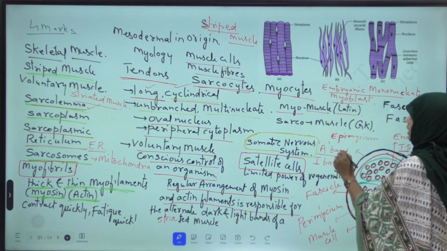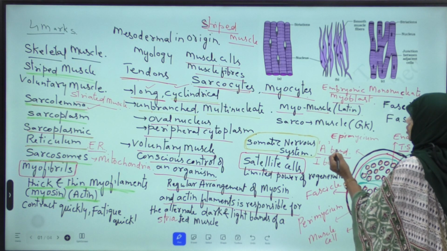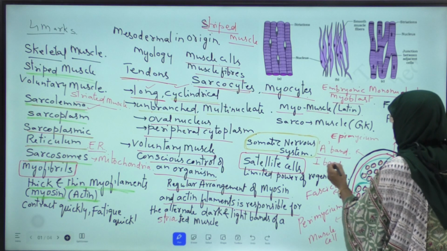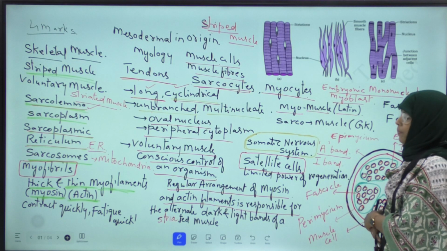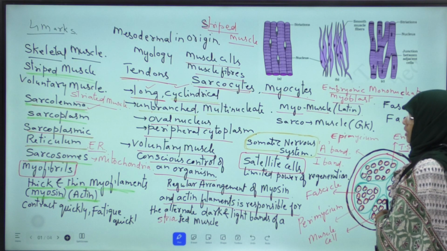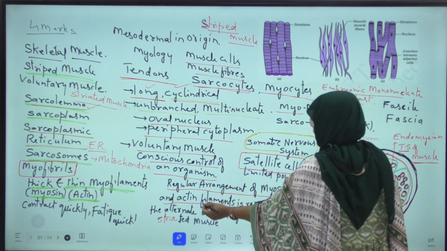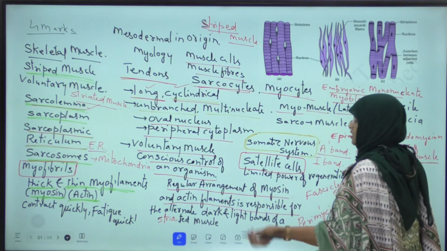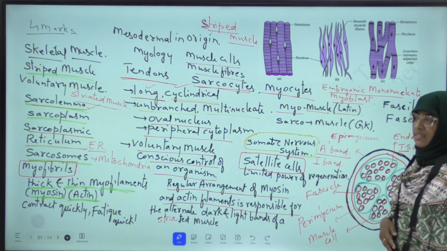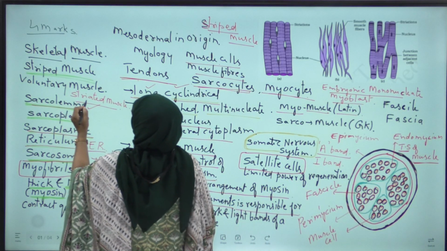A band, dark band, is made up of myosin protein, and I band, the light band, is made up of actin protein. This regular arrangement is responsible for alternate dark and light bands. Hence, this muscle is called striped muscle or striated muscle.